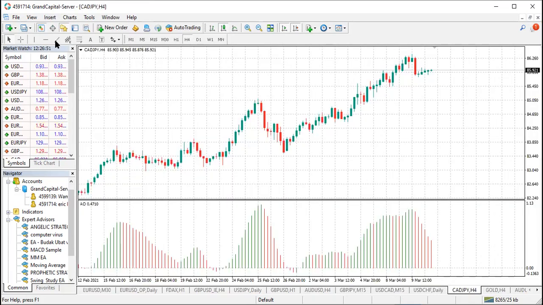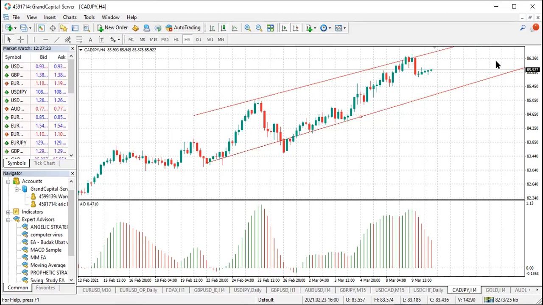For instance, we can draw a support zone at this point on the 4 hour. It should touch majorly two or three key points for it to be called a support, because you cannot call a support zone without touching major key points. Then again, you should draw a resistance here. You should touch again two major key points.